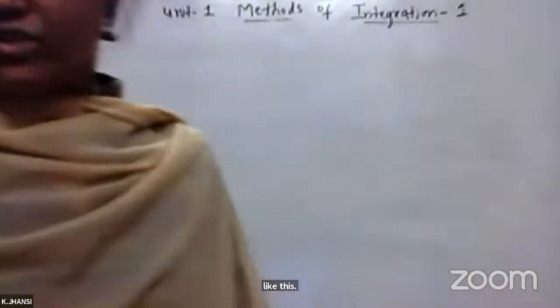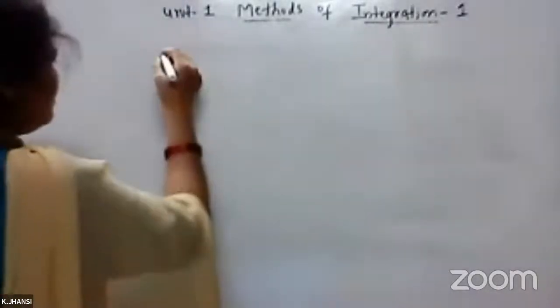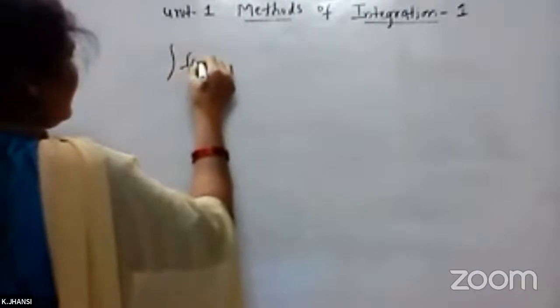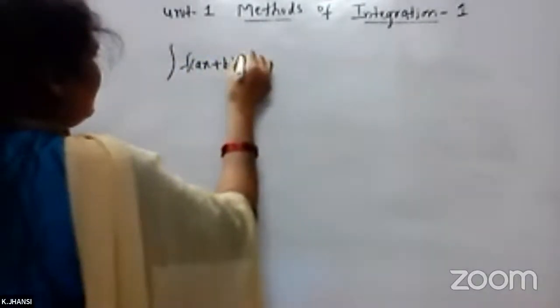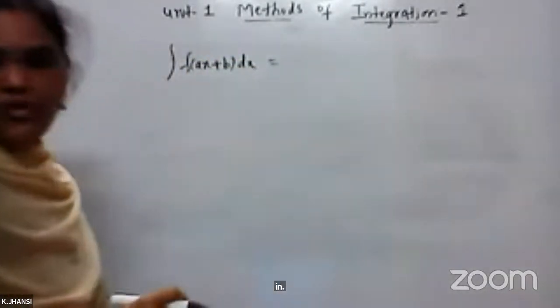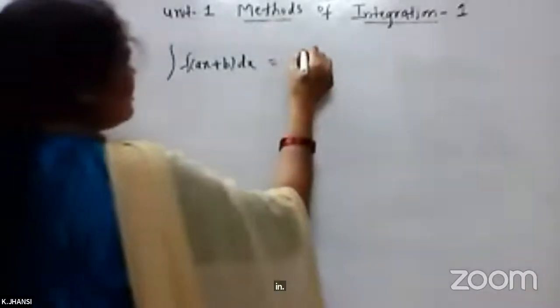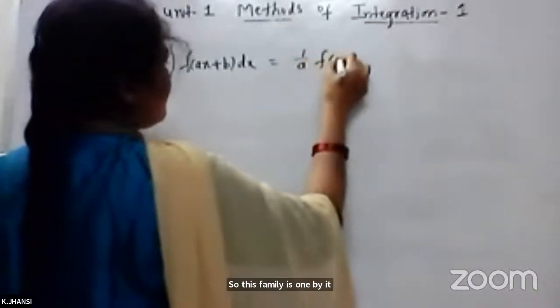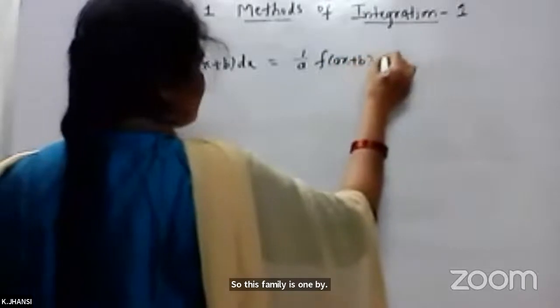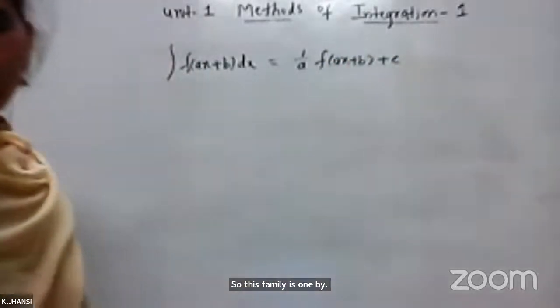Okay. So the next one is integration of f of ax plus b into dx. This formula is 1 by a F of ax plus b plus c. Okay.